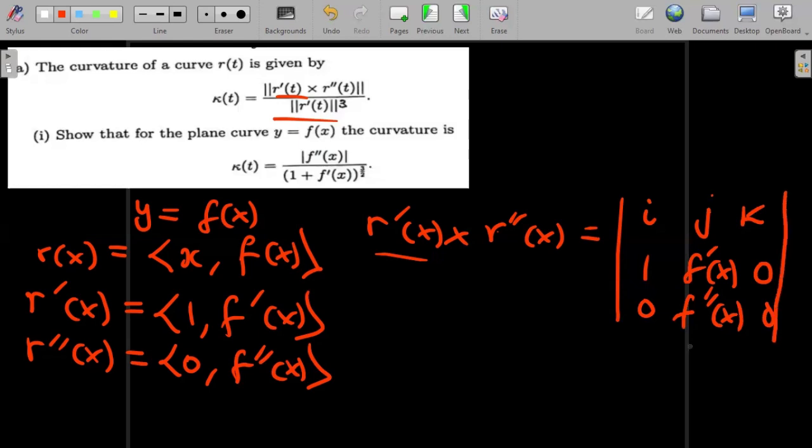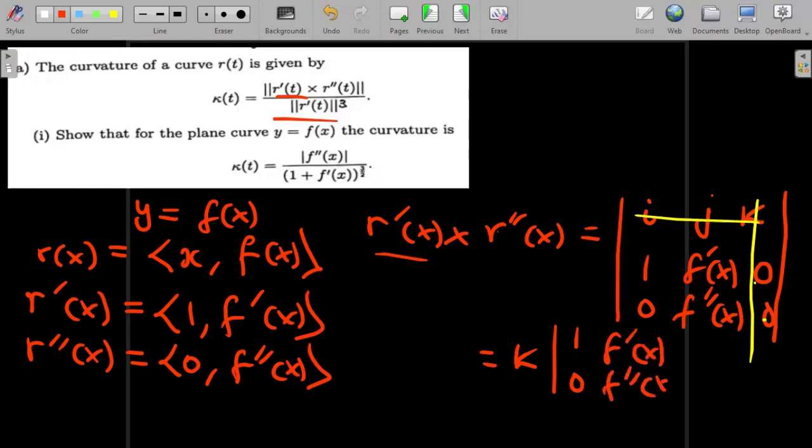To find this cross product, we choose the last row, as you can see, because it has zeros here, so it will be easy to cancel out. When I pick k there, this here will cancel out, then I remain with this minor here. With this minor, I have to find the determinant of what remains. So I have my k, and this is going to be equal to k times the determinant of this here: 1, 0, f prime of x and f double prime of x.